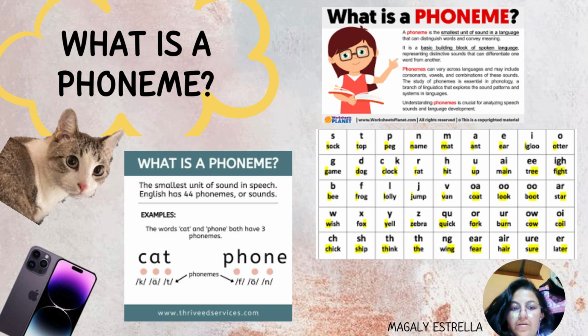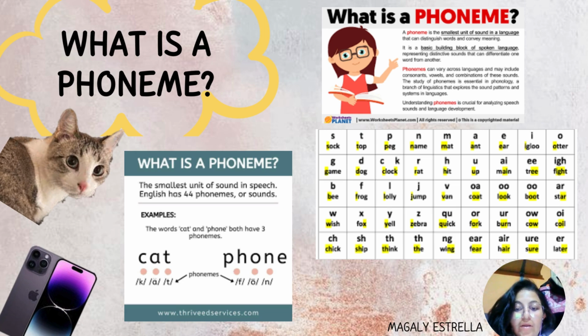A phoneme is the smallest unit of sound in a language that can distinguish words from each other. Phonemes are not sounds themselves, but rather abstracted representations of sound that have a contrastive function in a language.